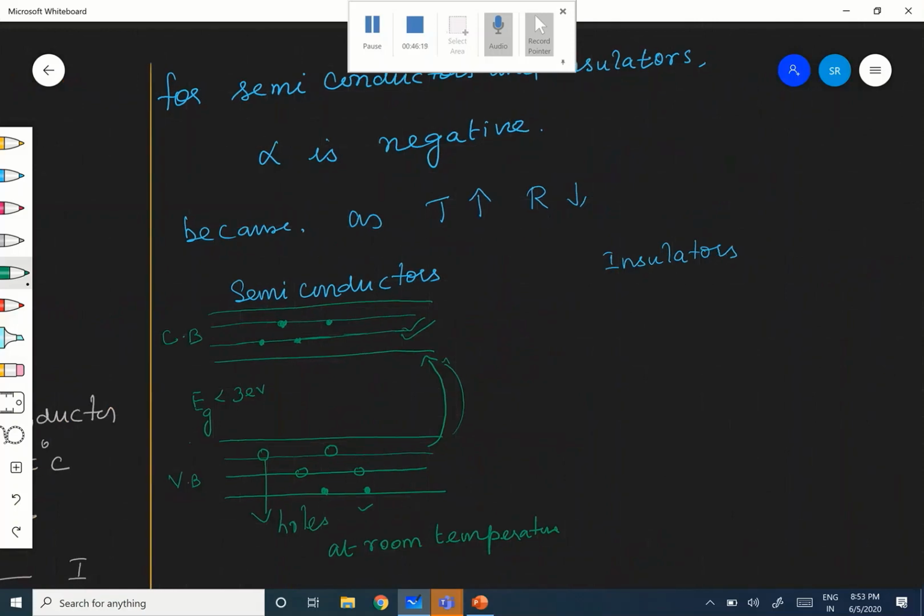But if you come to the case of insulators, what is the difference between semiconductor and insulator? See here, in insulators the conduction band is there. These are energy levels, and here is the valence band.